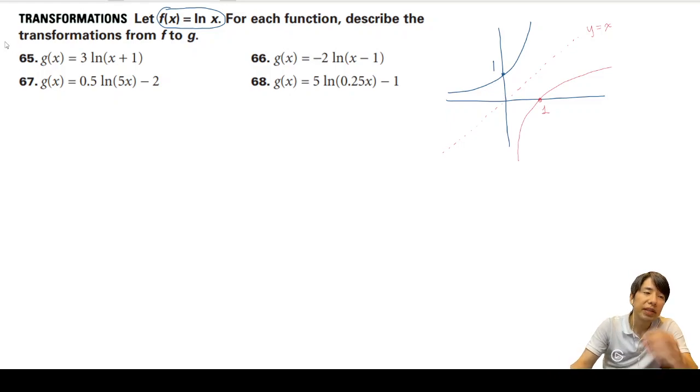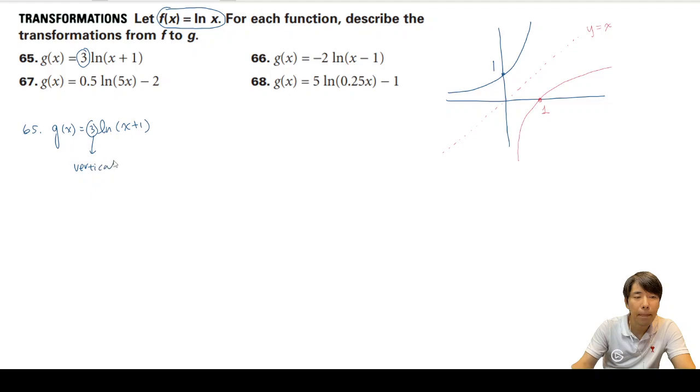So for 65, this 3 right there is multiplied to the original function f of x itself, ln x. That's 3 times ln x. So let me write it down here. This represents a vertical stretch.